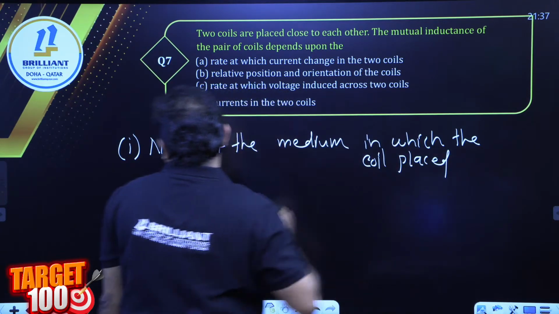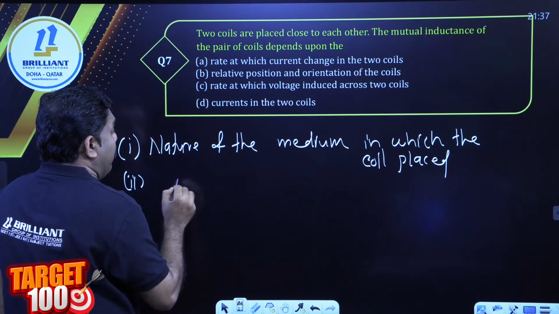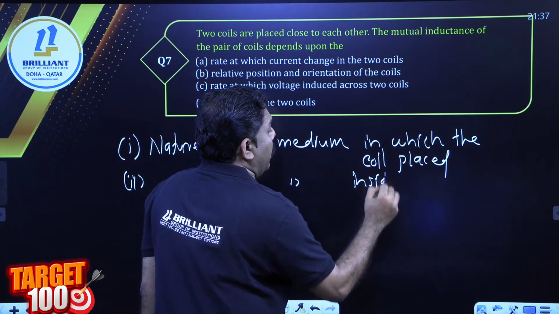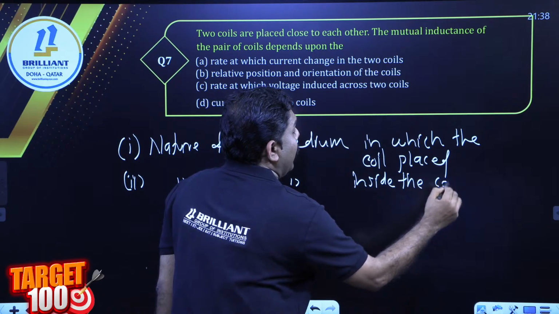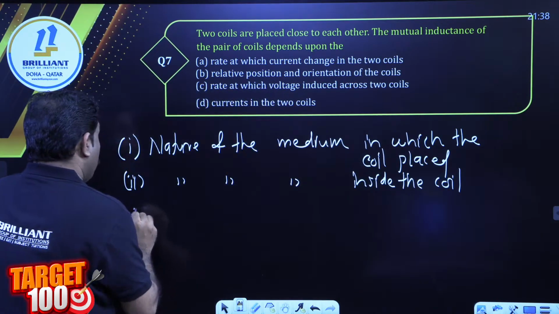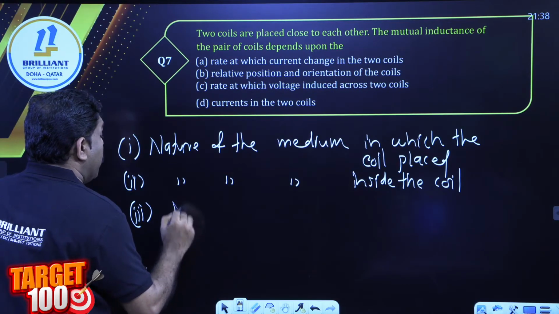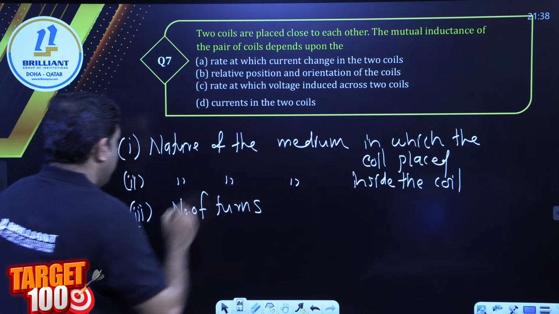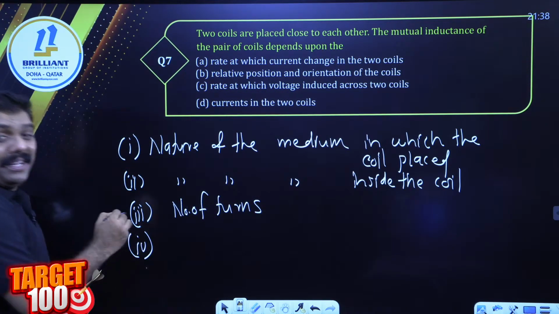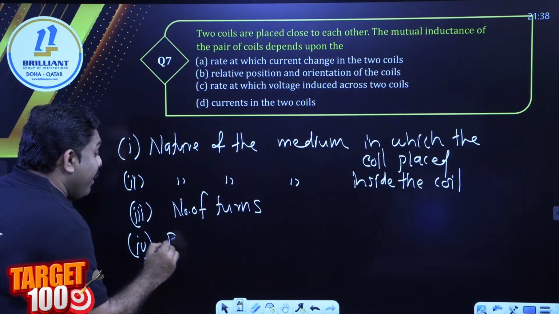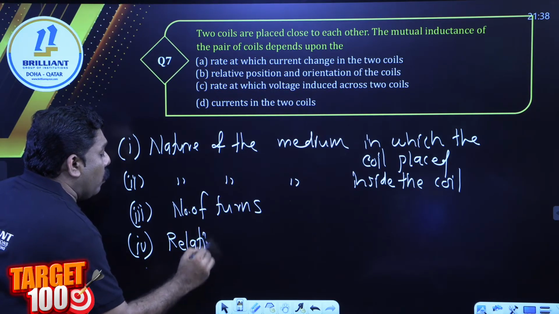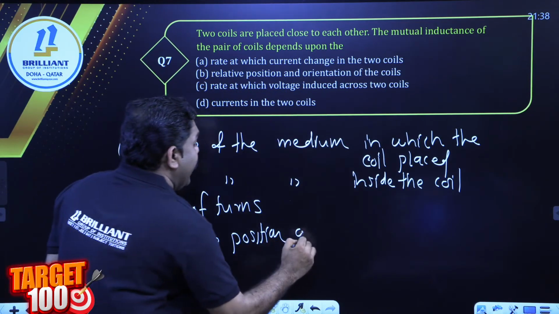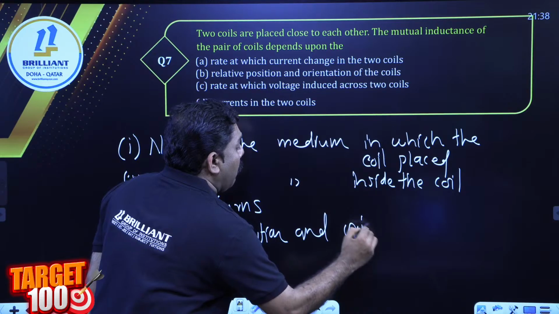And next one, nature of the medium inside the coil. And next one, number of turns of the coil. And the fourth one is the relative position and orientation of the coil.